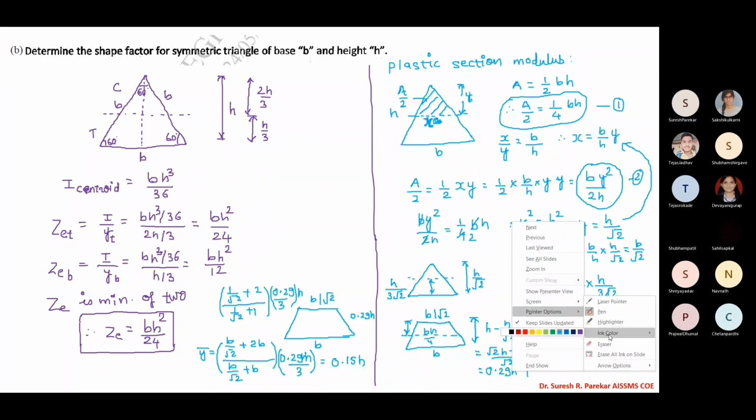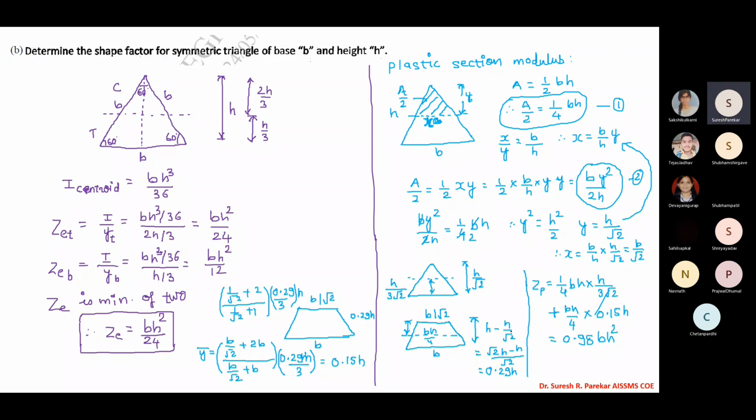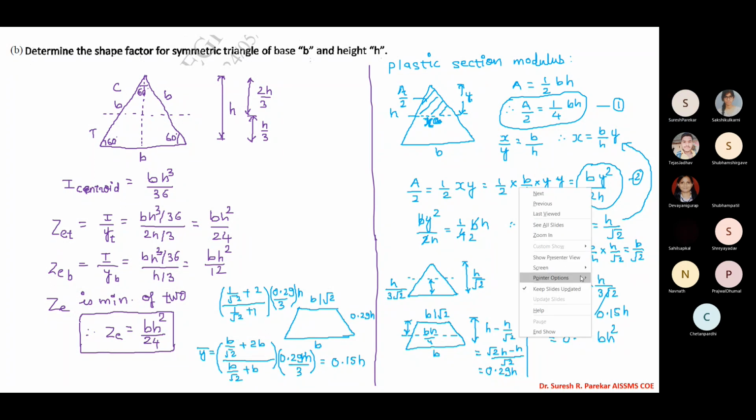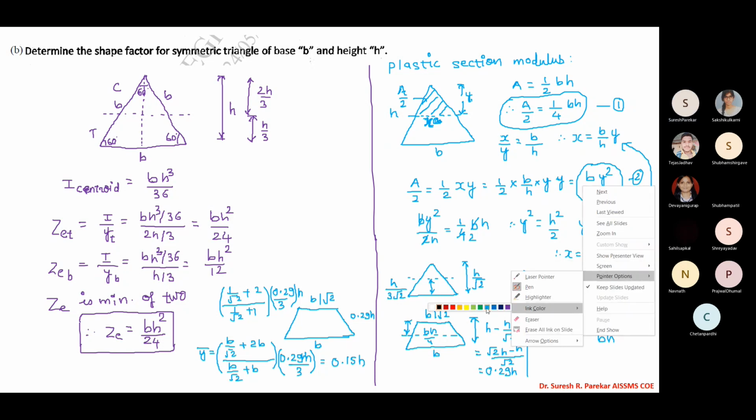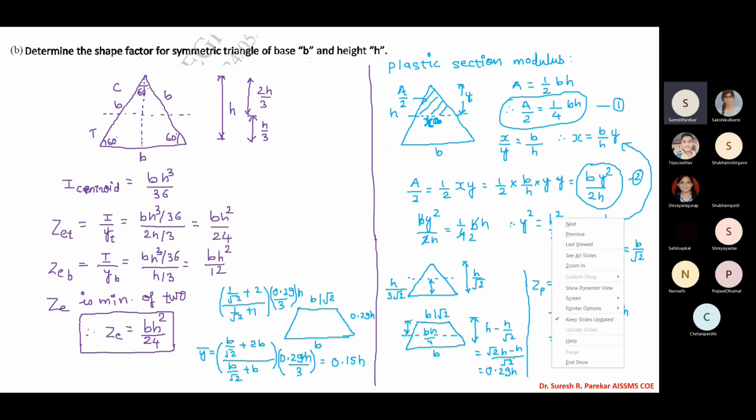Check once. No sorry, I made a mistake. 0.096. Yes yes, 0.096, correct. So we have this value, and this is ZP.